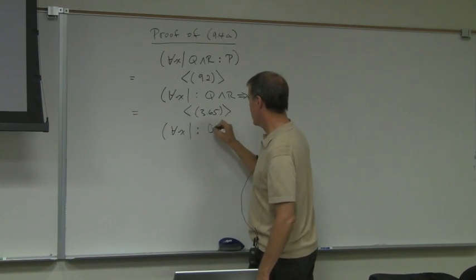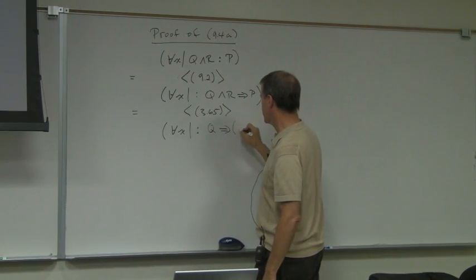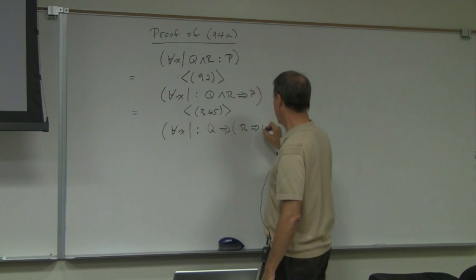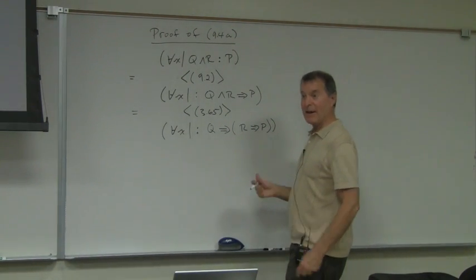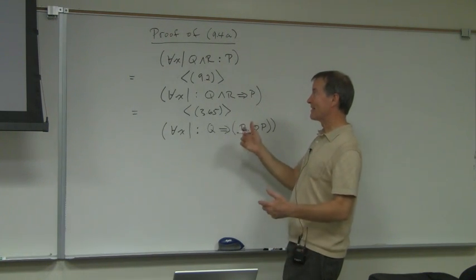So now this is going to be Q implies R implies P, right? By shunting. But now, what?